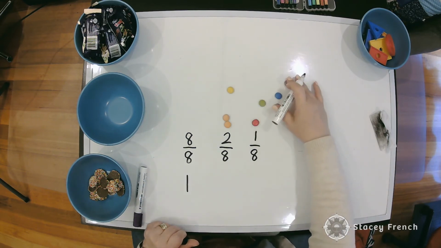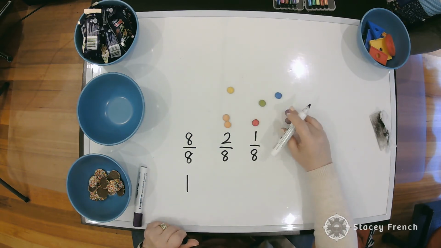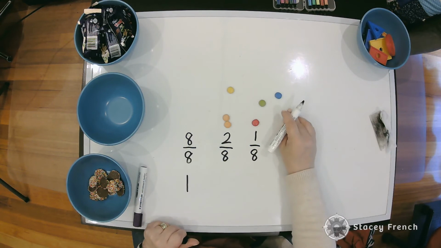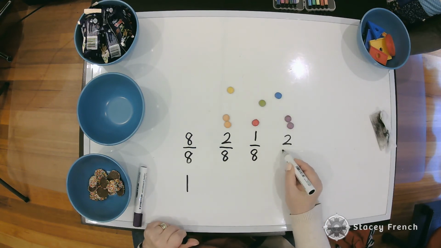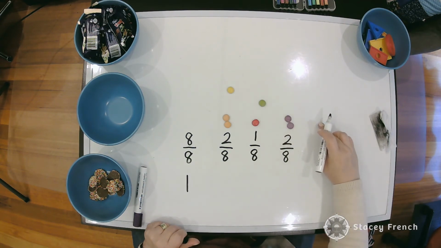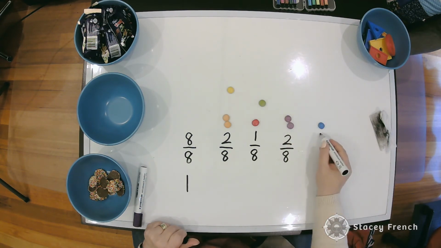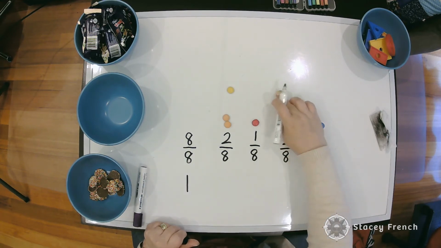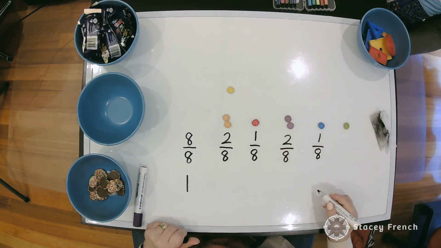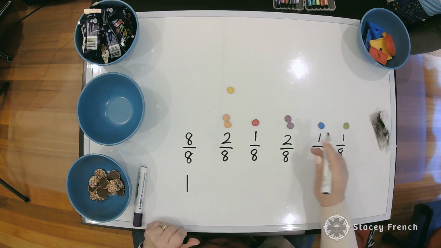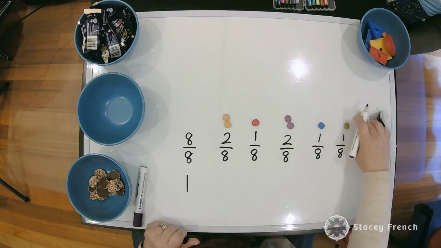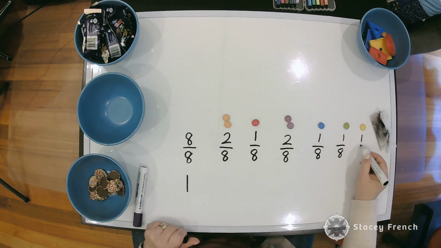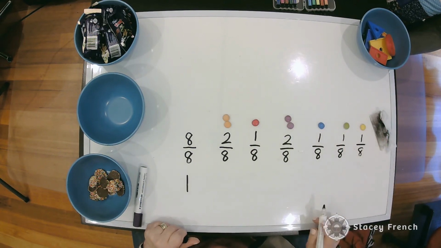What fraction of my group are purple? 2 eighths. What fraction of my group are blue? 1 eighth. What fraction of my group are green? 1 eighth. And what fraction of my group is yellow? 1 out of 8, 1 eighth.